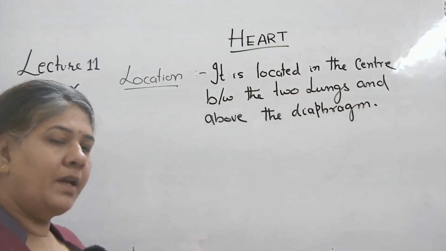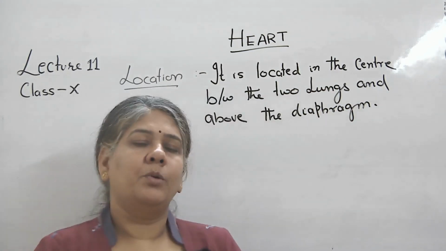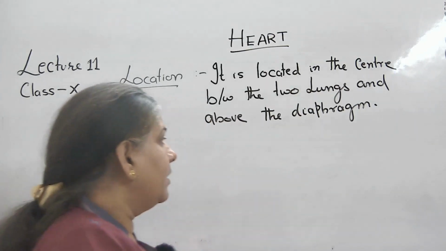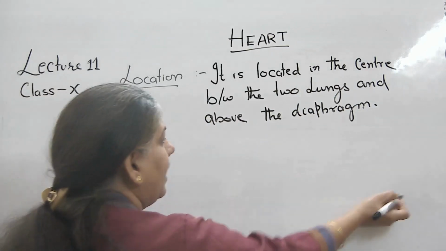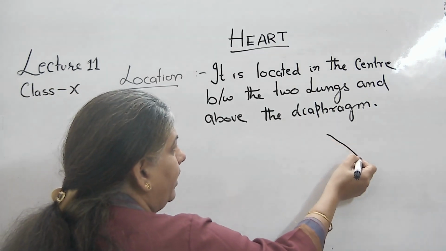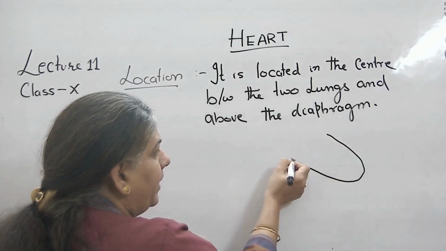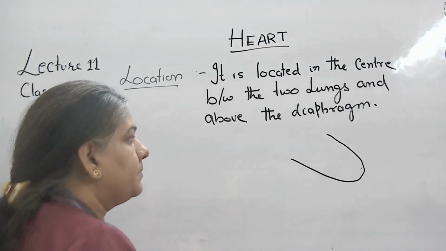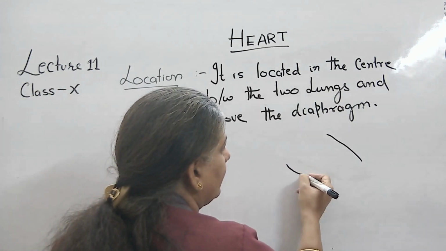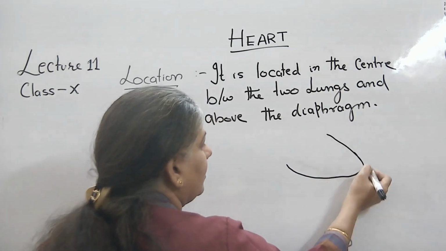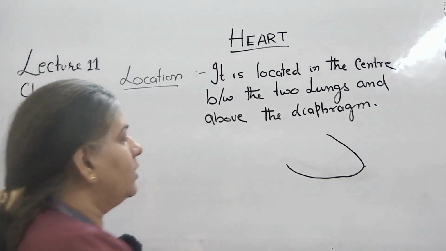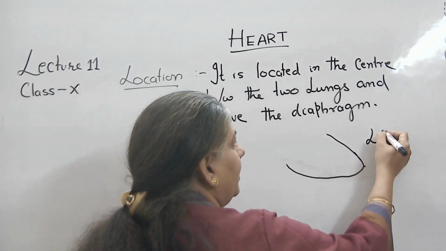So why it is said that our heart is located slightly towards the left? So you must understand that heart is somewhat triangular. So it's this triangular pointed part is slightly towards the left. So this is the left side of the heart.